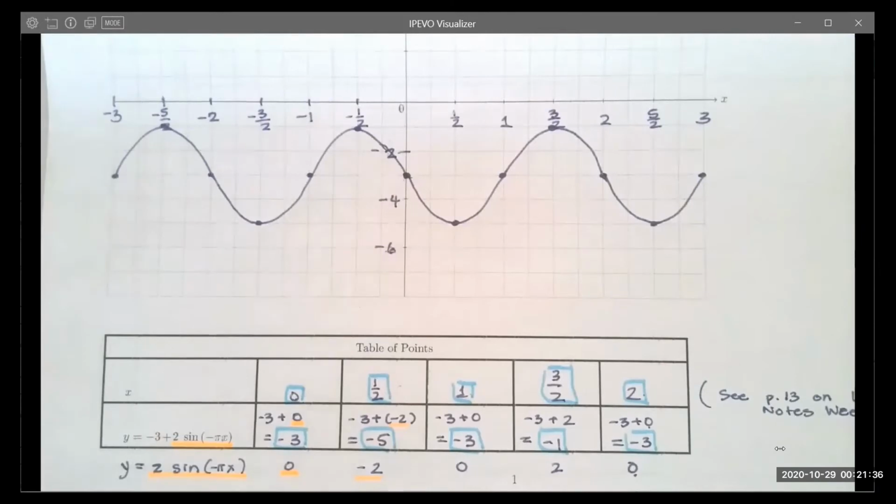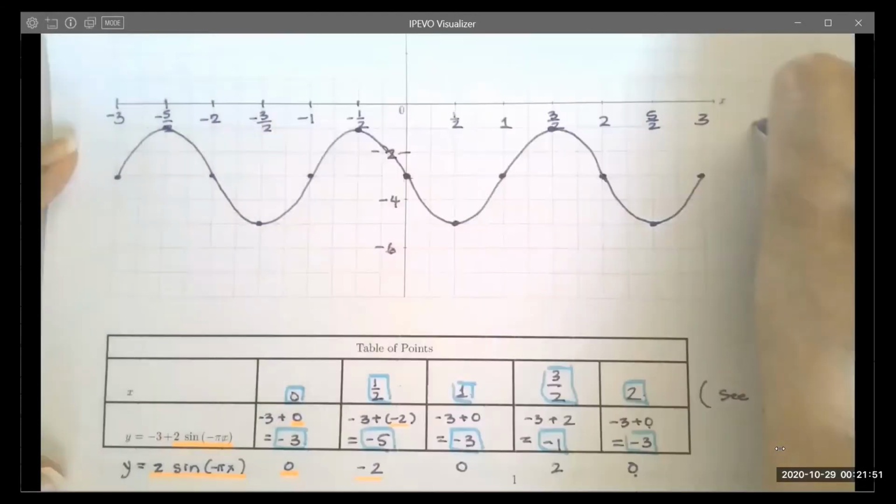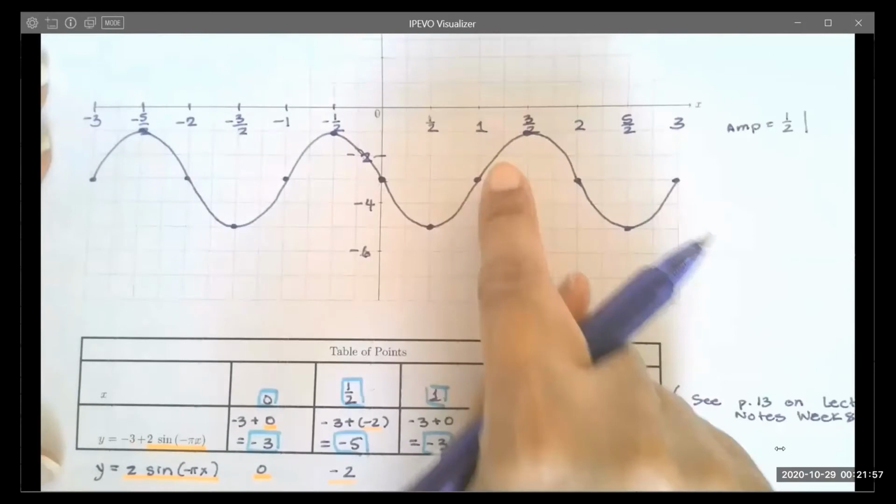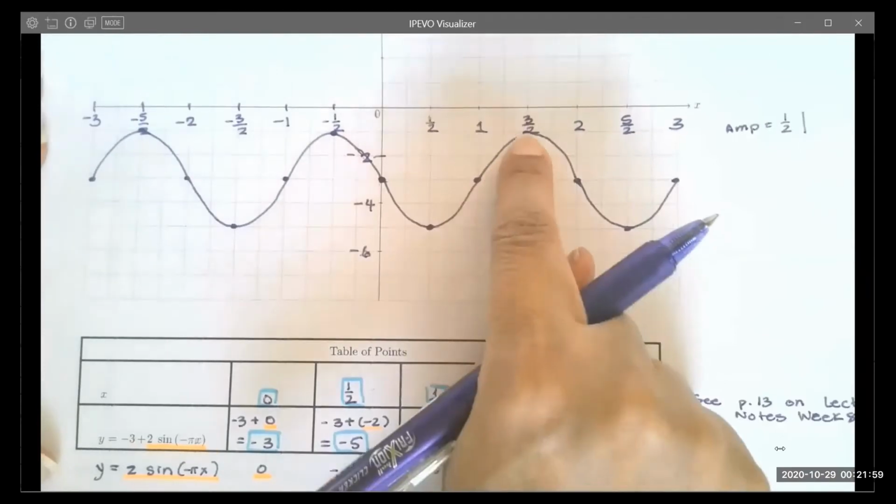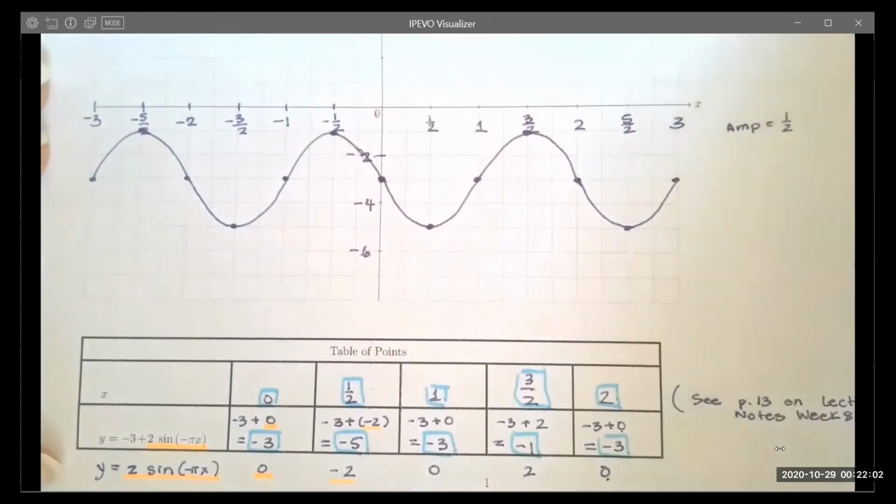All right, now for comparison. Well, okay, actually before we compare, let's talk about some of the characteristics of this graph. What is going to be the amplitude? Well, the amplitude is going to be half the difference between the highest point and the lowest point. The highest point on the graph is negative 1.